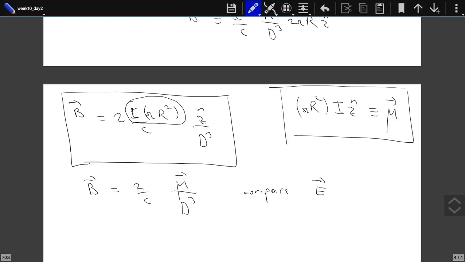Now, just for comparison, the electric field of an electric dipole at a point along the dipole was given by 2 d divided by D cubed. There are no c's. So they basically have the same expression. So that's why we call it a magnetic dipole.